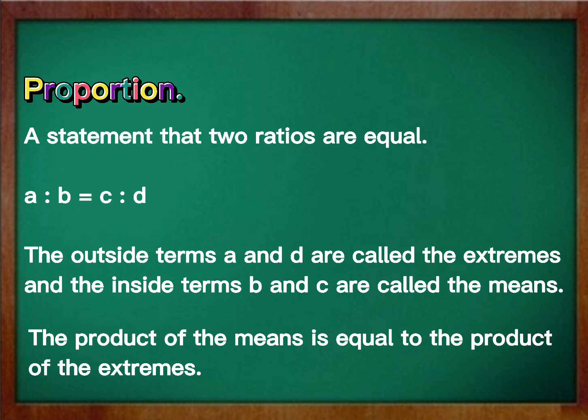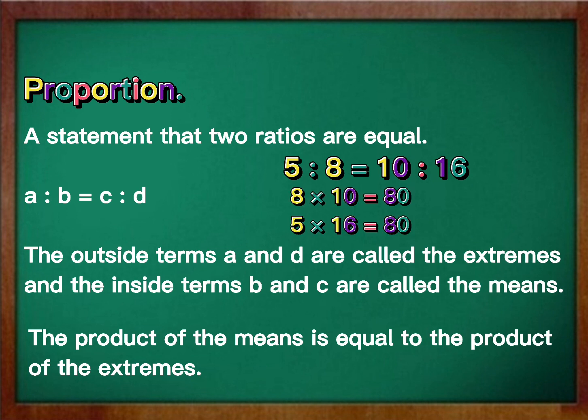Thus, for a proportion A is to B is equal to C is to D, AD is equal to BC. The rule is more common to us as cross multiplication. For example, 5 is to 8 is equal to 10 is to 16. So the means are 8 and 10, which is 80, and the extremes are 5 and 16, which is also 80.